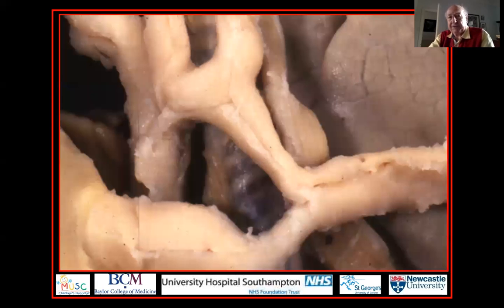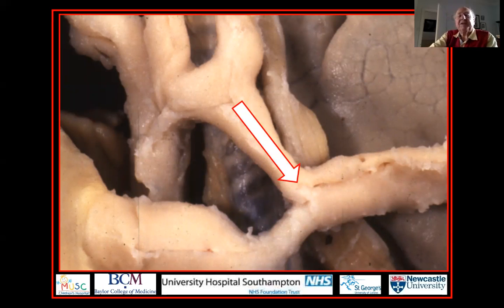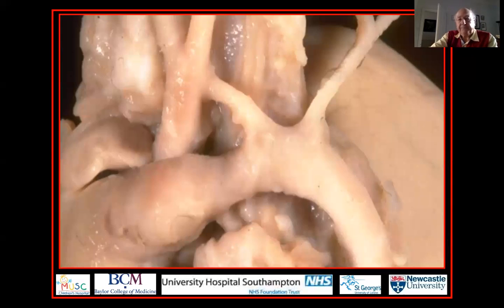But in most instances, that is also associated with an additional narrowing down of the isthmus itself. And this is what we call isthmal hypoplasia. And you see this waist-like arrangement where the cavity of the isthmus narrows down as we move, in this particular instance, from the origin of the subclavian artery towards the duct feeding the descending aorta.